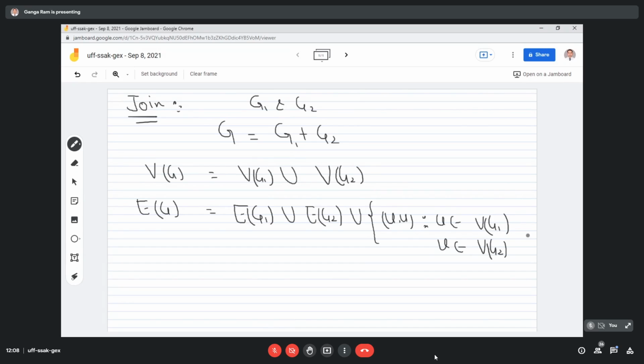Okay, so this one is the definition of join, and the second one is the Cartesian product.